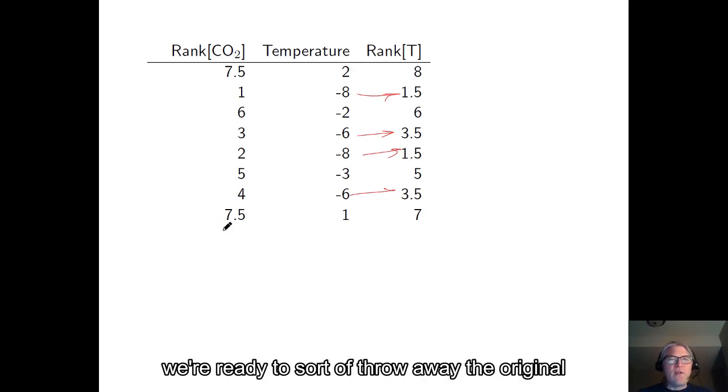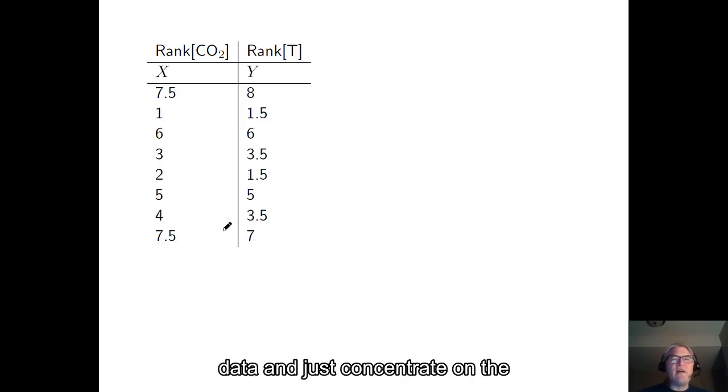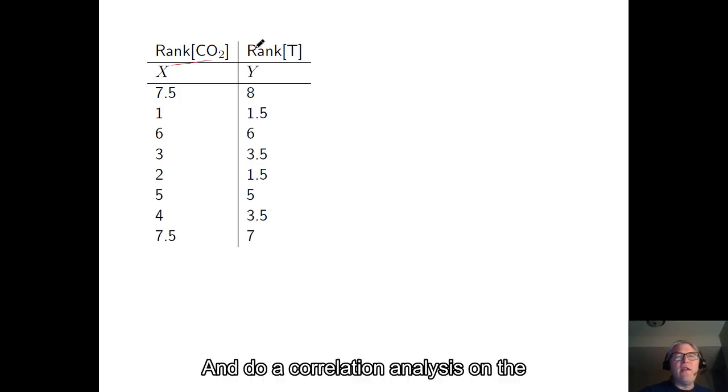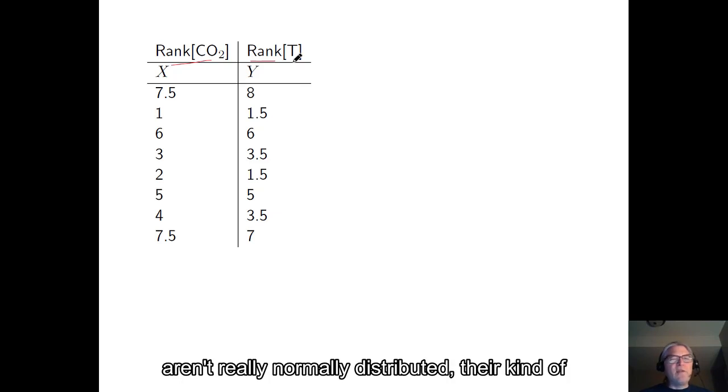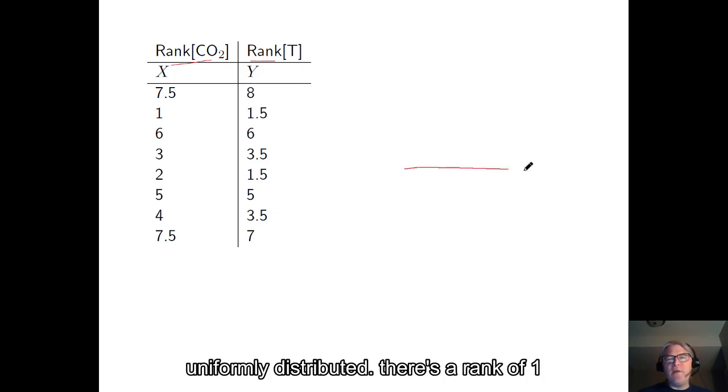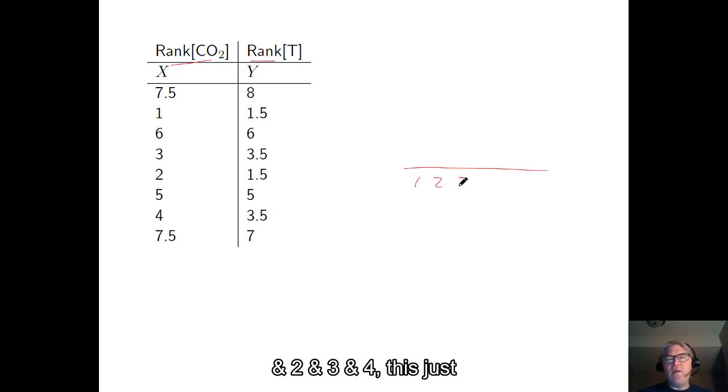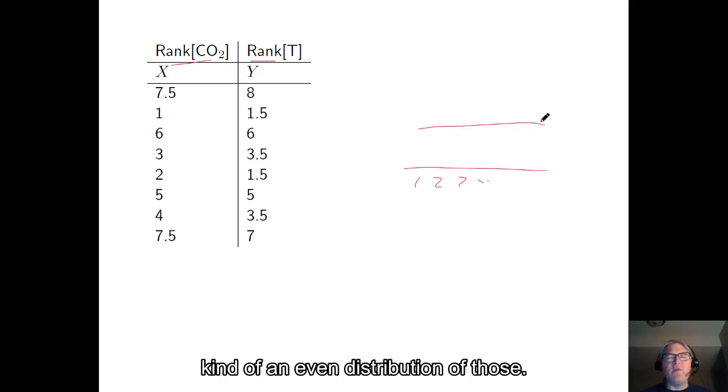And now we're ready to throw away the original data and just concentrate on the ranks and do a correlation analysis on the rank variables as if that were our raw data. If you think about it, the ranks aren't really normally distributed. They're kind of uniformly distributed. There's a rank of 1 and 2 and 3 and 4, just an even distribution of those.